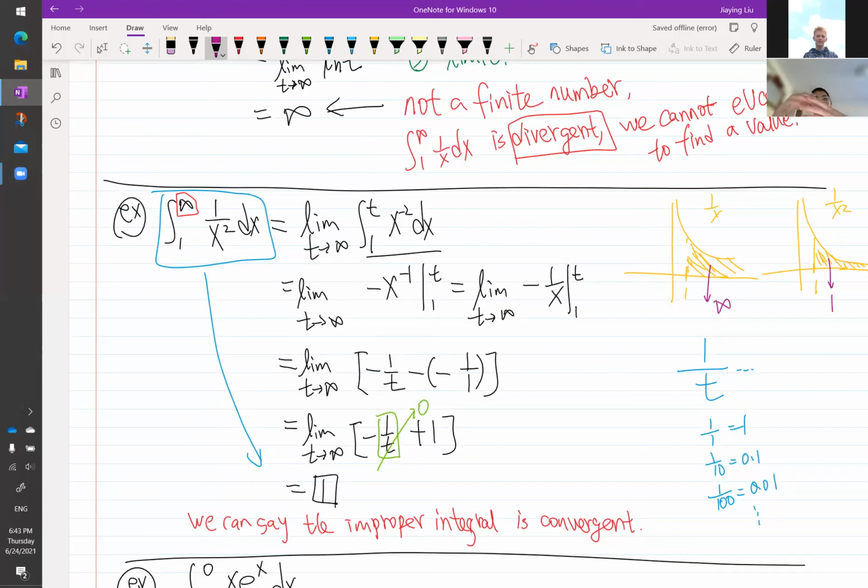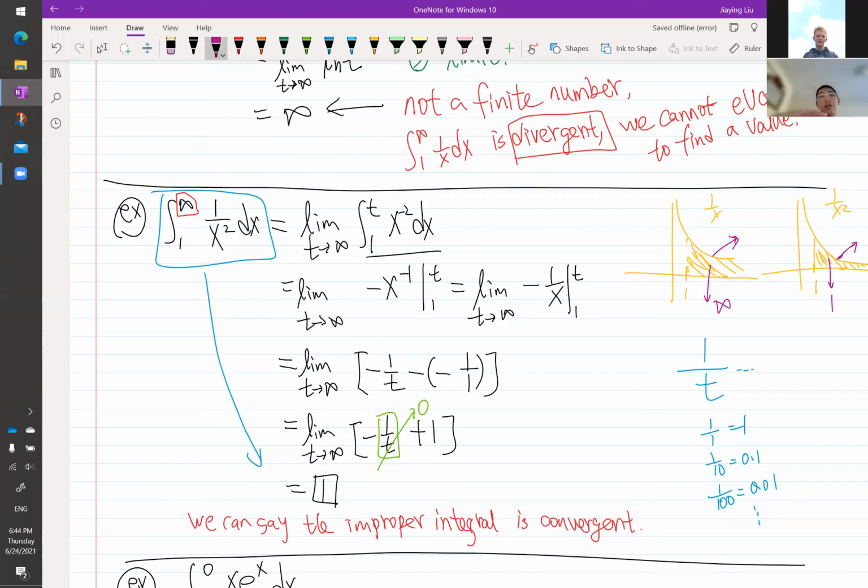If you were to plot those two functions together, you will notice that 1 over x is actually higher than 1 over x squared for any given x value. So the area underneath 1 over x keeps accumulating, always increasing as x increases.